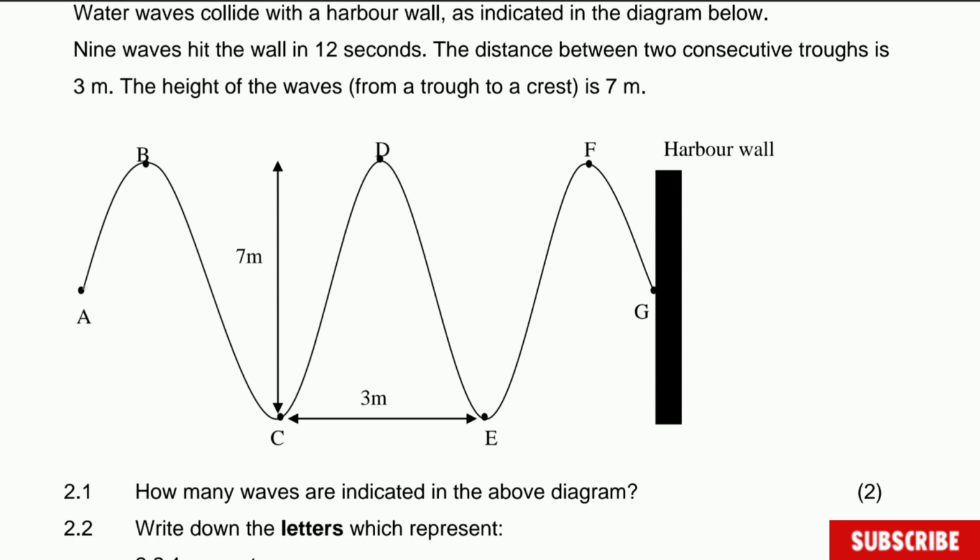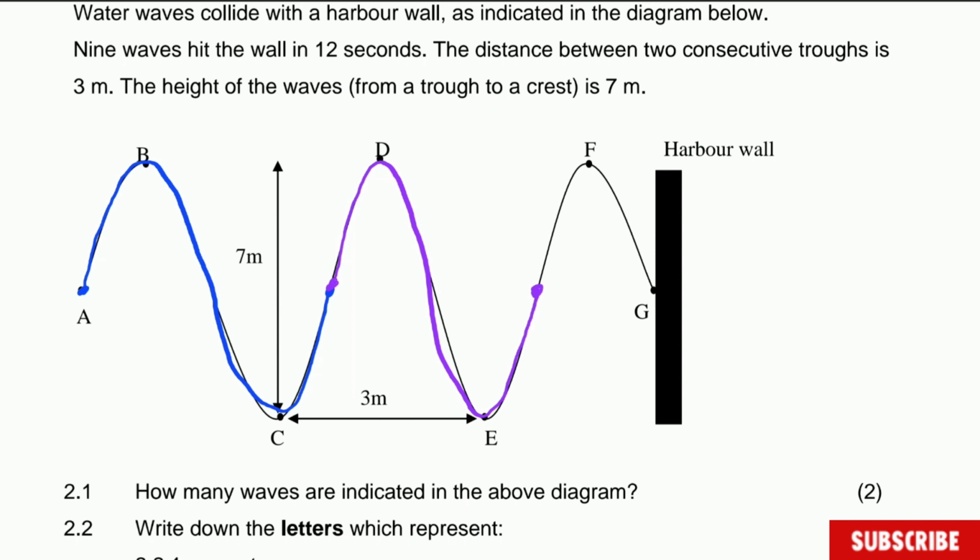So if we mark here, starting from A, we have one wave when the water goes from A to this point. There is one wave there, as from there is coming to another complete wave when the water goes up until this point.